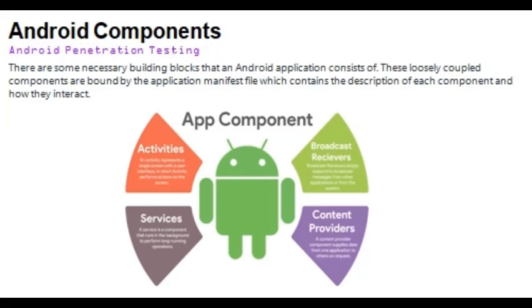Those are the kinds of activities that a user is performing. This activity is implemented as a subclass of the Activity class. In short, an activity can be termed as a page where the developer does the designing to handle user interactions.